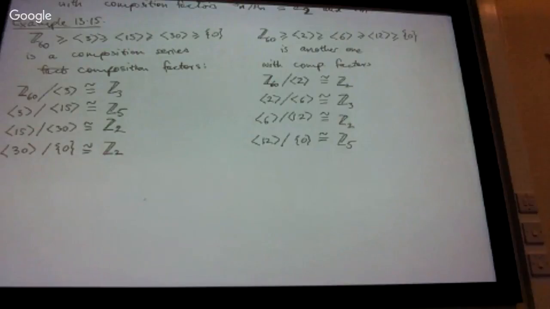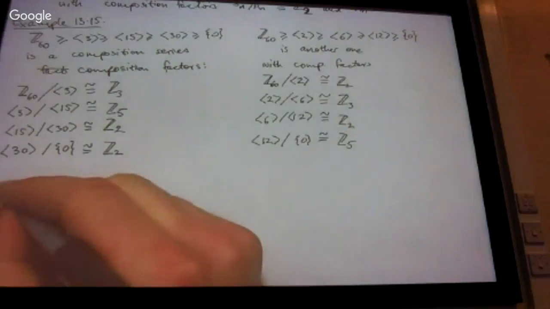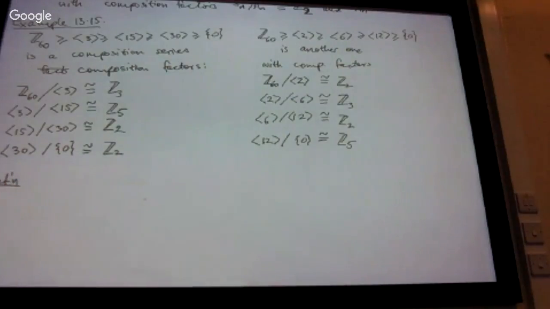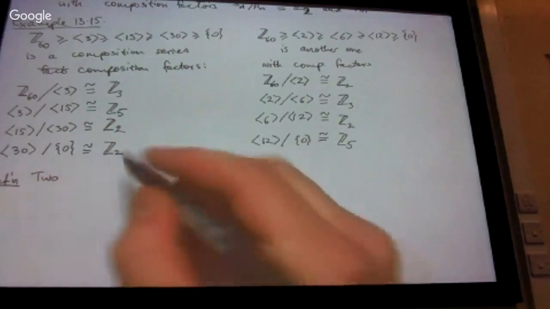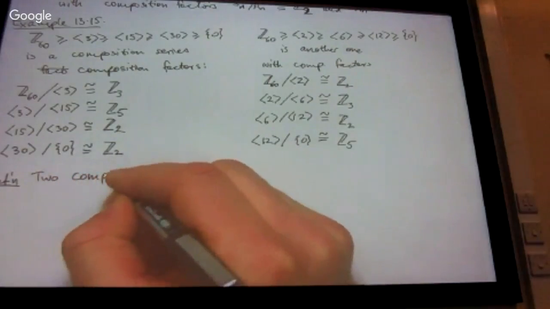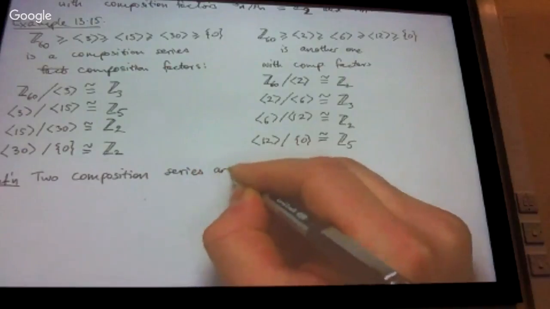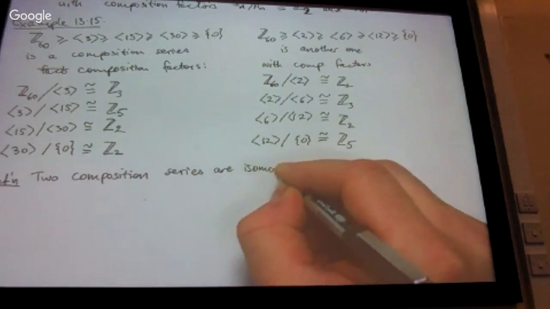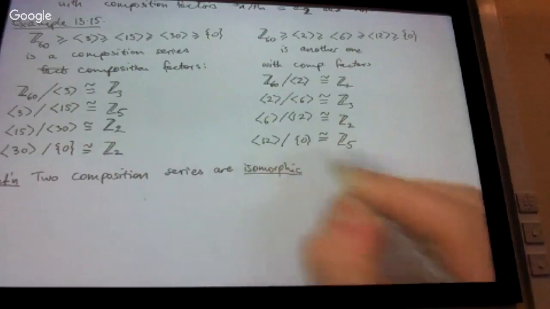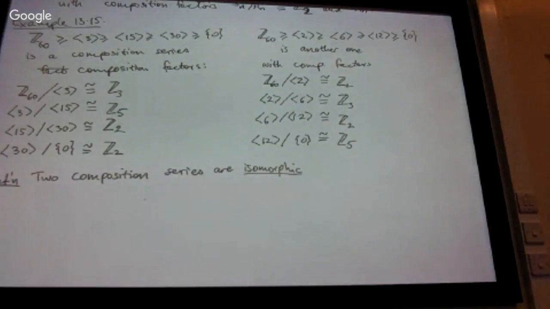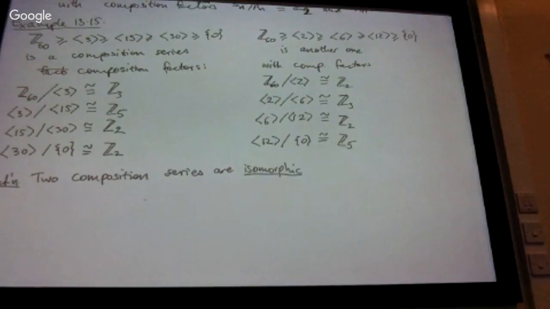Okay, and this is called that these composition series are isomorphic in the book. Two composition series are isomorphic. Well, he defines it for subnormal series, I think, but we won't need it.